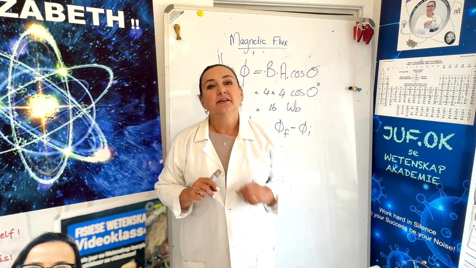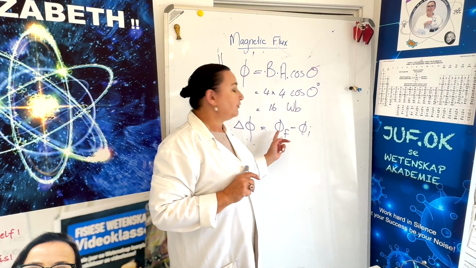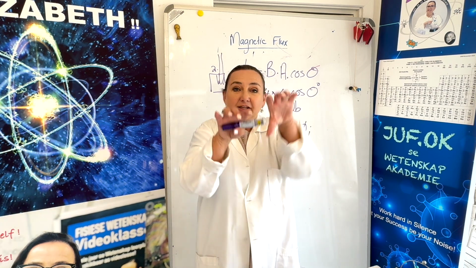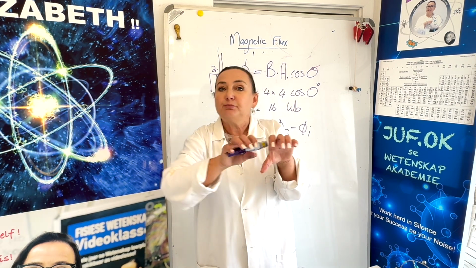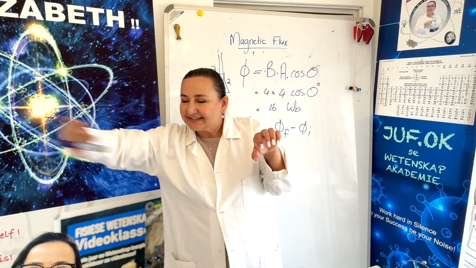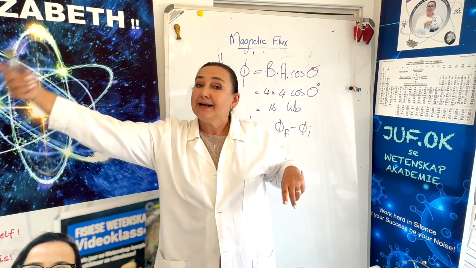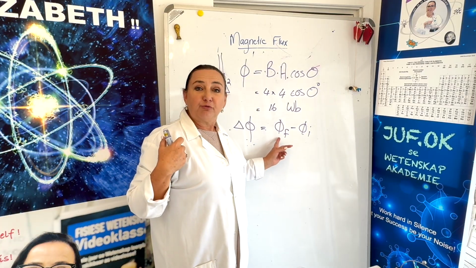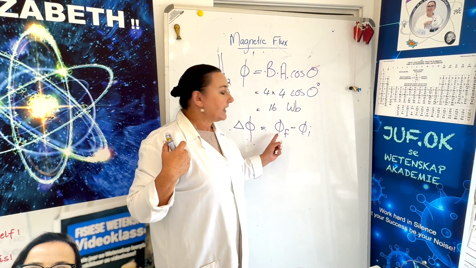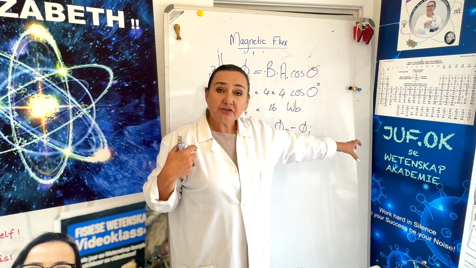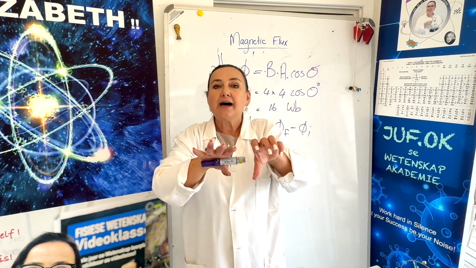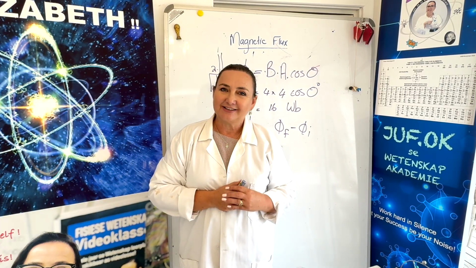Then it's going to be final minus 0. Or it could be that there was a magnetic flux and you pull it away. So you take the magnet out and away. So it becomes 0. Then you will substitute your final magnetic flux as 0 minus your original flux, which was inside the solenoid and which you can then work out with BA cos theta.